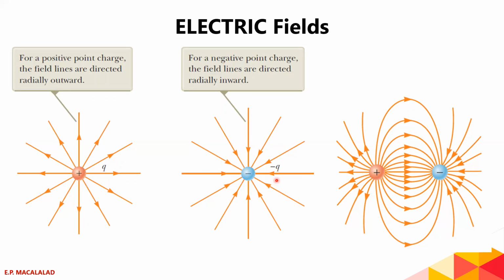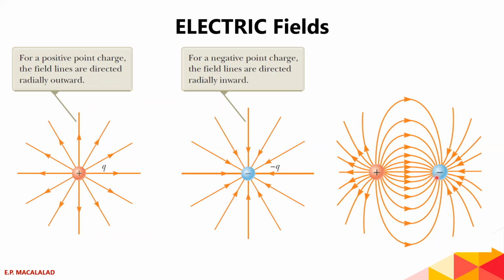Now, if we have an electric dipole, where we vectorially add the electric fields created by the positive and negative charges, we create this electric field configuration of an electric dipole. This configuration generally tells us that all electric fields emanate from the positive charge and end up on the negative charge.